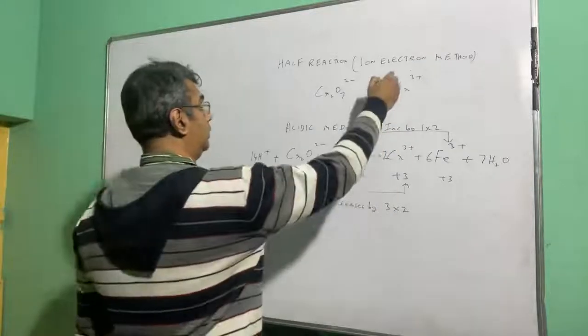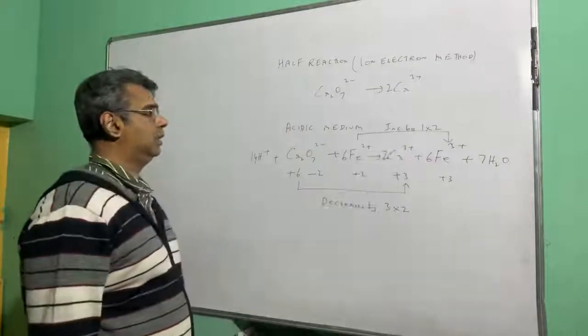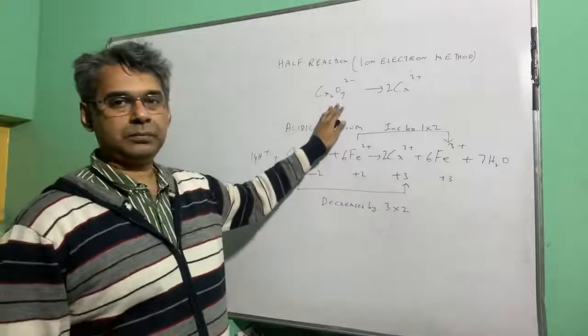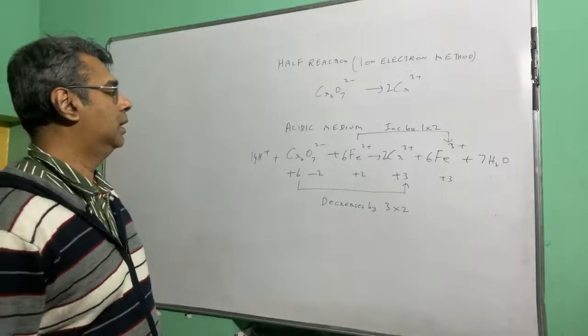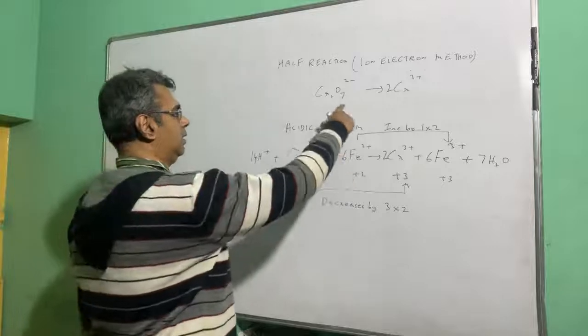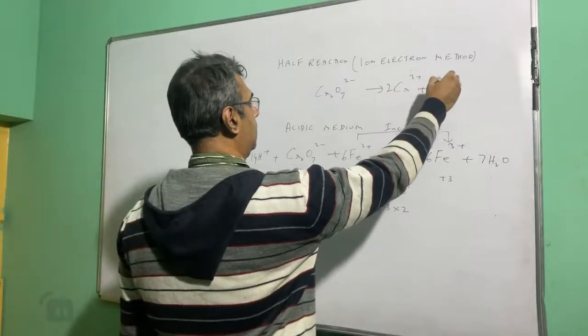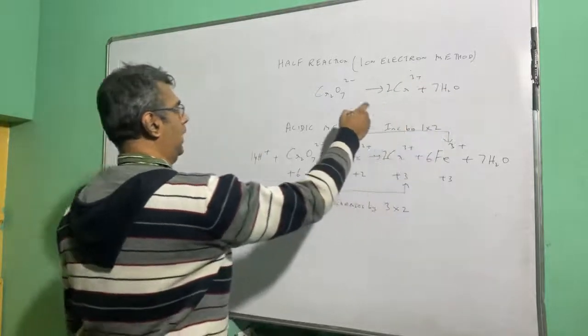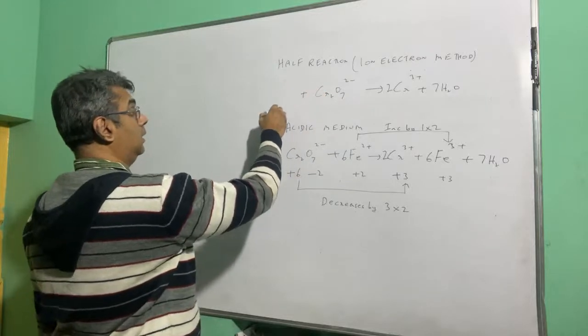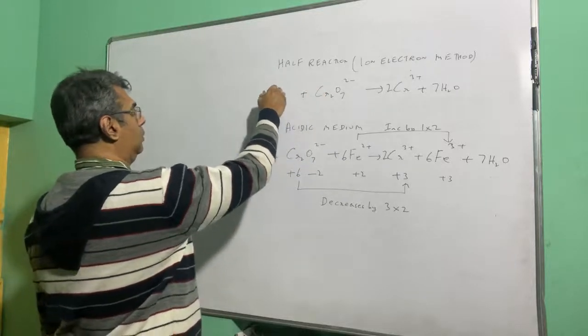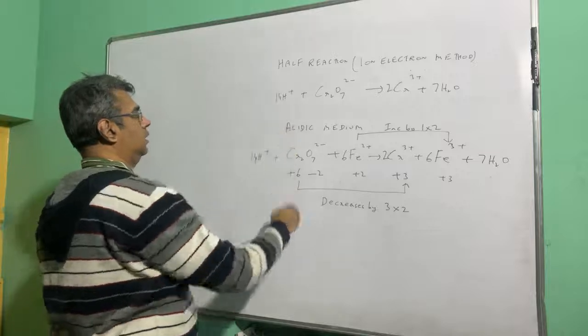Now you put a 2 here. If you put a 2 here, then what will happen? The chromium has got balanced. Then there is a 7 oxygen, so you write 7 H2O, and here you write 14 H plus.